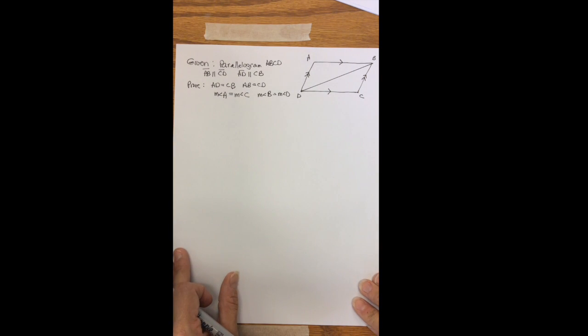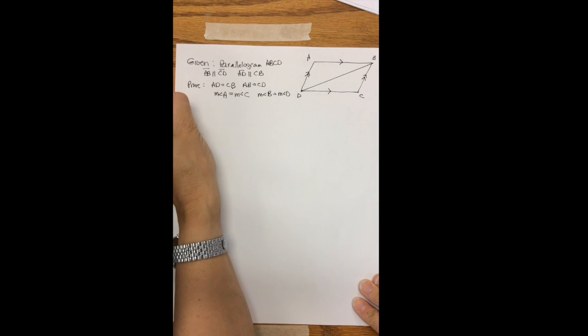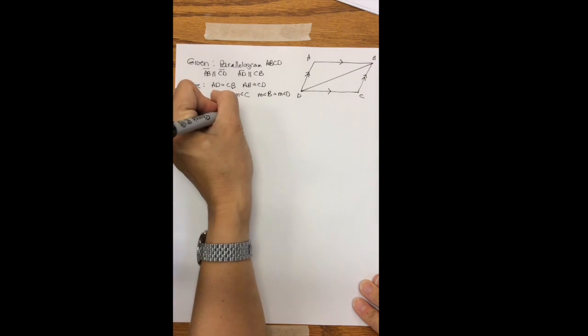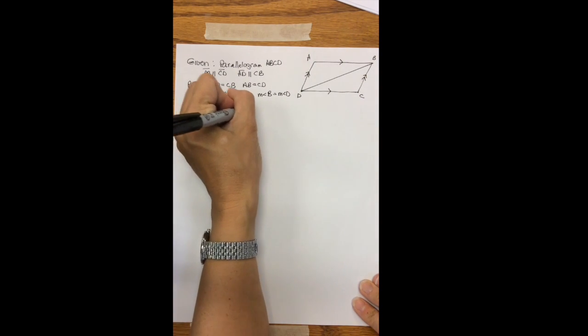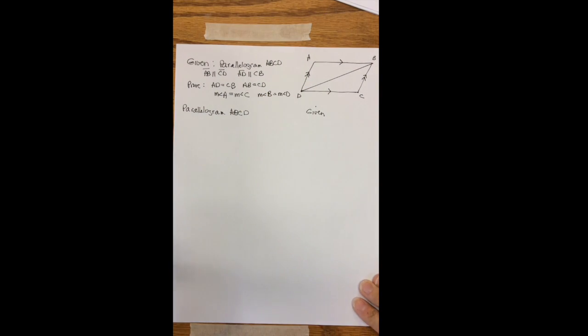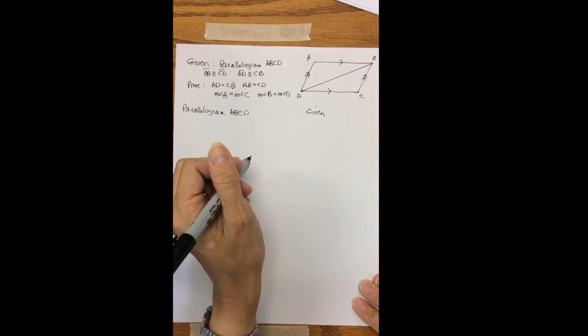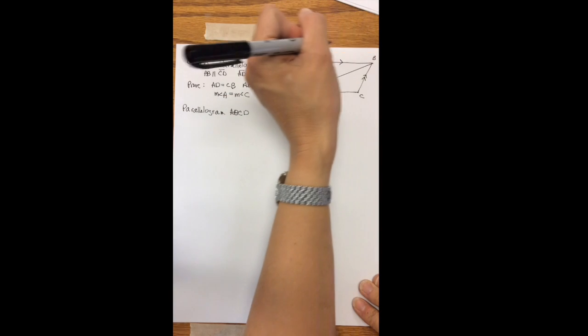So we're trying to prove that AD equals CB, AB equals CD, and then the measure of angle A equals measure of angle C, measure of angle B equals measure of angle D. So our given part, we know this is a parallelogram ABCD, and that is in fact given. We also know that the measure of angle ABD is equal to CDB. We have alternate interior angles.